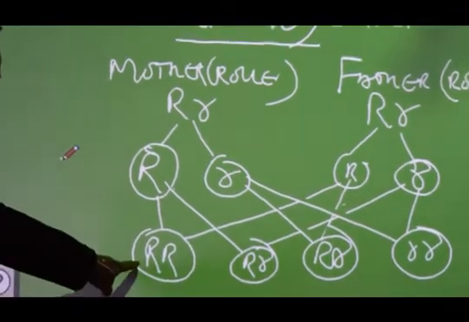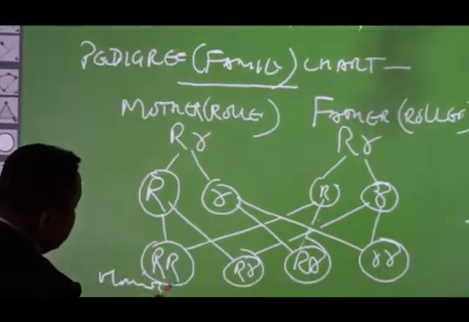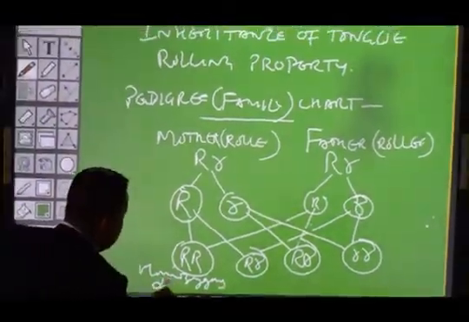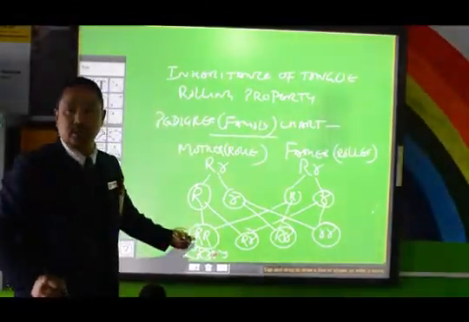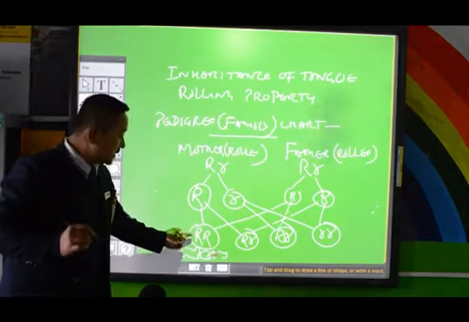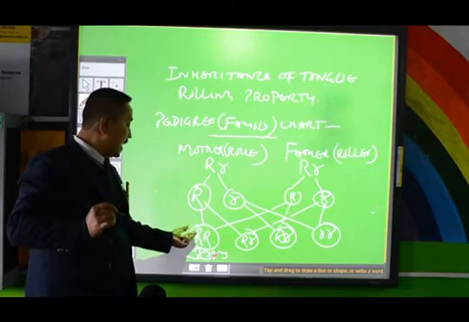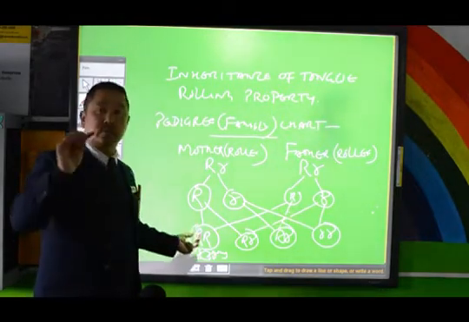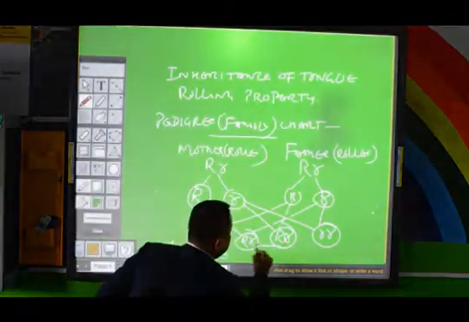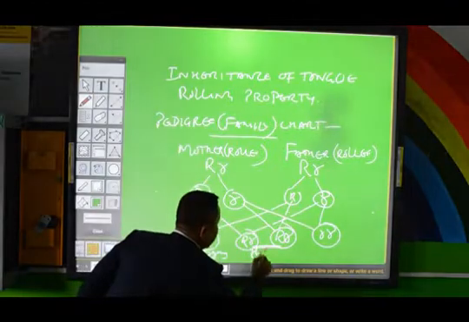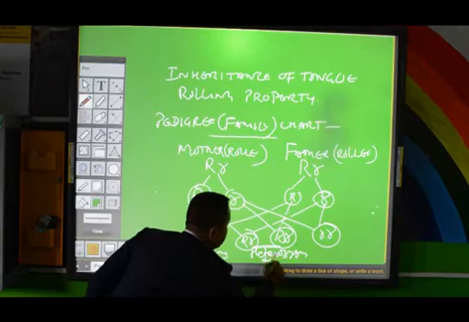And in the first case we are finding the homozygous dominant, which means he or she can roll the tongue. And in his or her case, the genotype is homozygous dominant, both the alleles are dominant. And in the second and third case, we find heterozygous dominant.